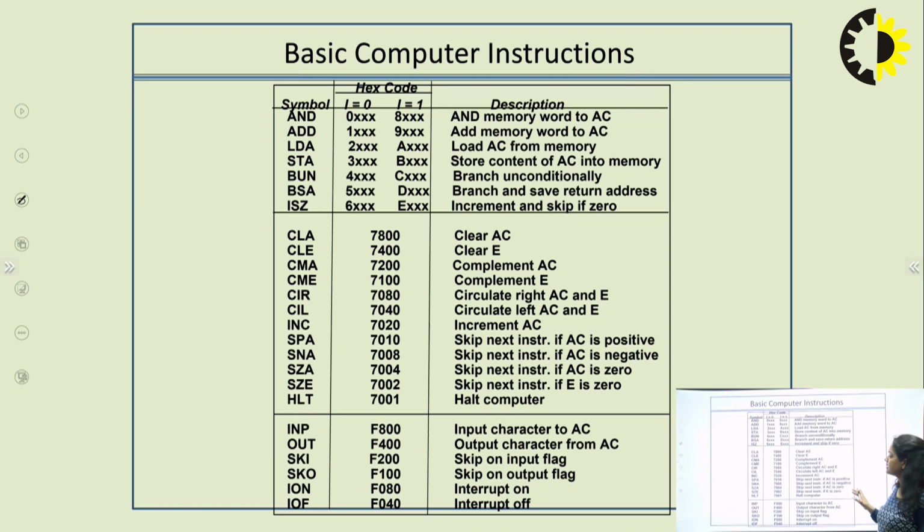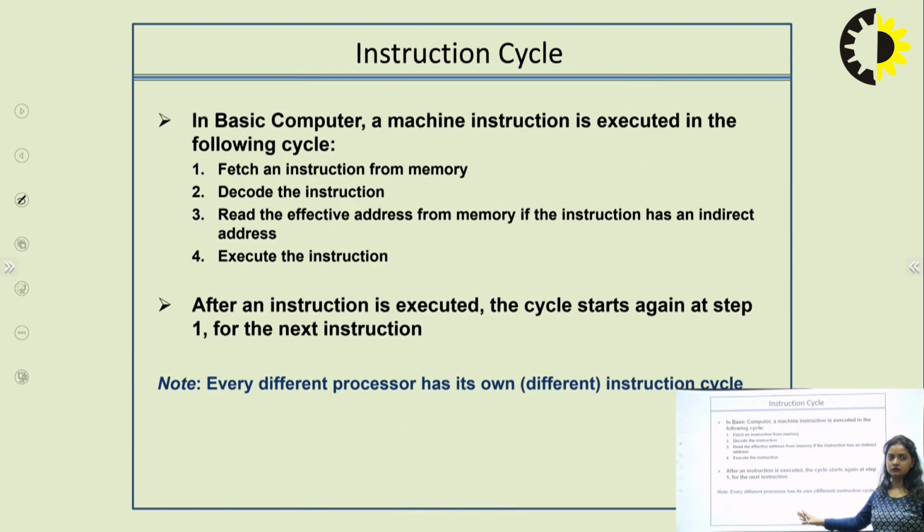Similarly, these are our register reference instructions. So we have 9 to 11 register reference instructions and their respective codes, and the same we have for the input-output reference instructions with their opcodes, operational codes.